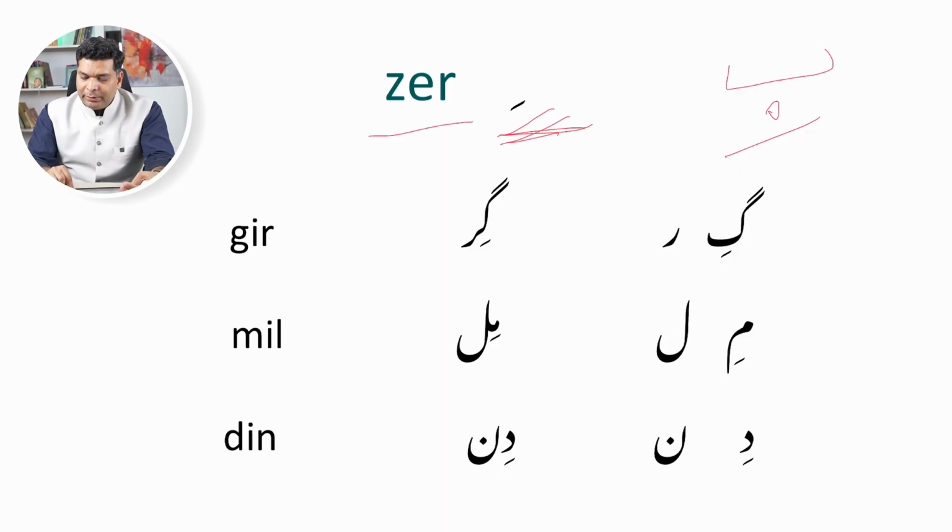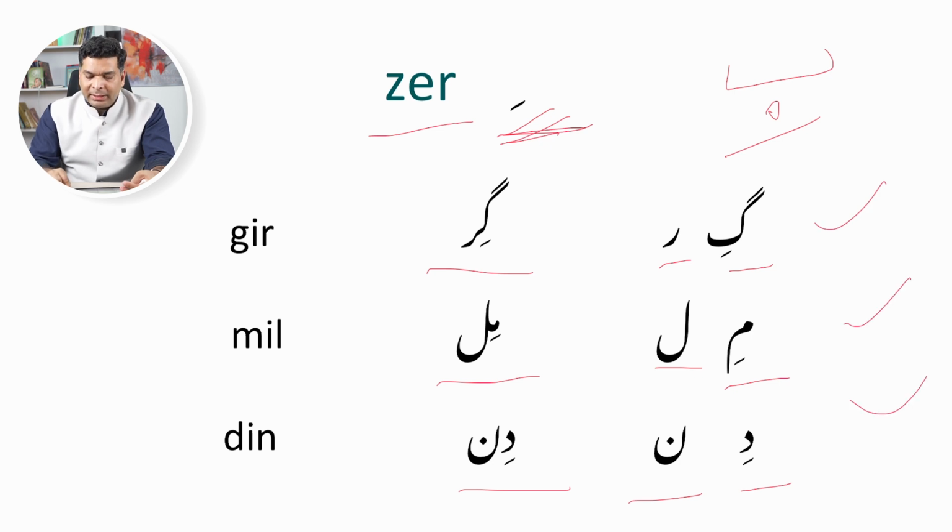For example, you have gaf zair gi combined with re, it becomes gir. You have mim zair mi combined with lam, it becomes mil. You have dal zair di combined with noon, it becomes din. So gir, mil, din.